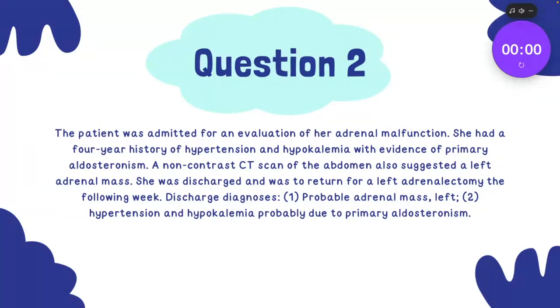Okay, so couple of things here. You have this adrenal mass, you have the aldosteronism. Either of those could be designated as the principal because the patient, if you go back to the beginning, was admitted for her adrenal malfunction, right? So either of those could be principal.